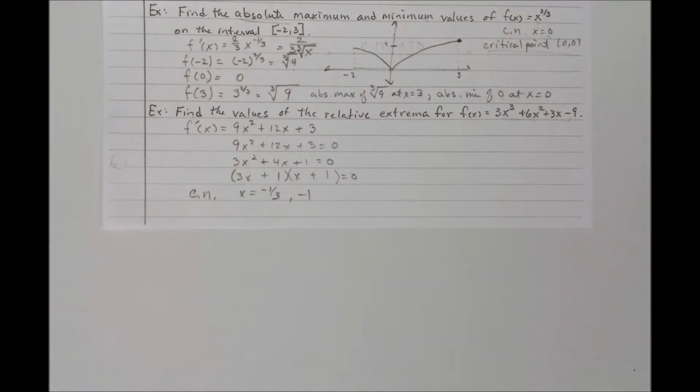Mr. Calculator is busy here to see what's going on with my graph. So I'm going to have 3x to the third plus 6x squared plus 3x and a minus 9.